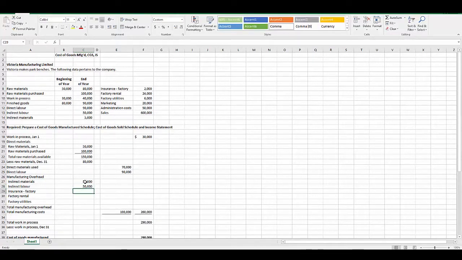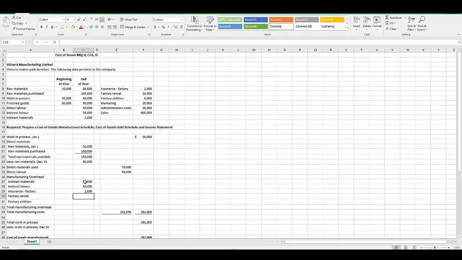The next category is insurance. You have to have insurance on your factory. In this particular company, they're renting their facility, so they don't have to insure the actual factory. What they're really insuring is the contents, so all of the machinery that they have inside of that building. We're told that our insurance for the factory is $2,000, so we'll enter in $2,000.